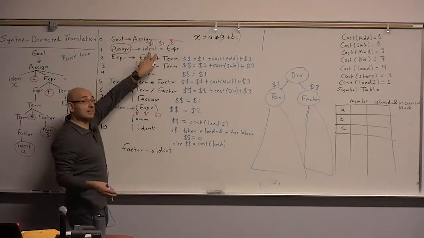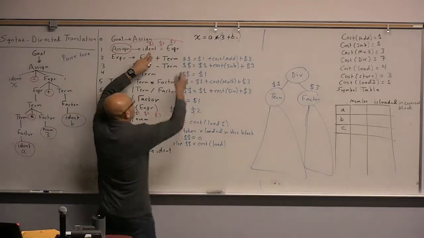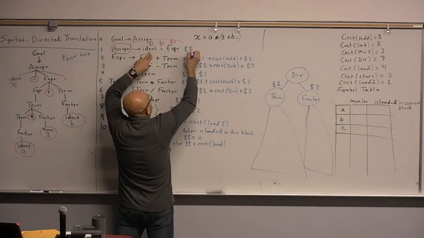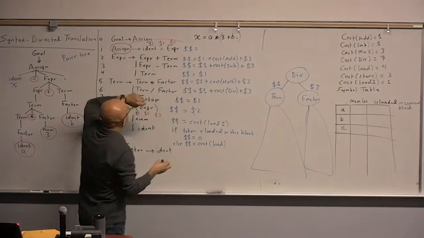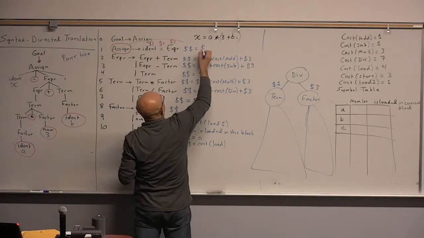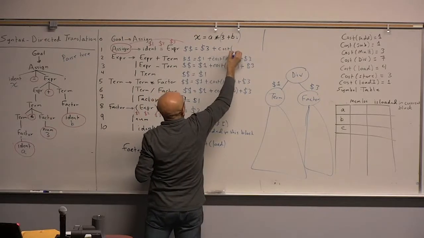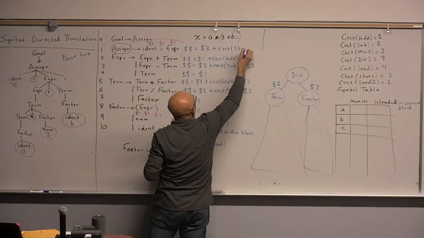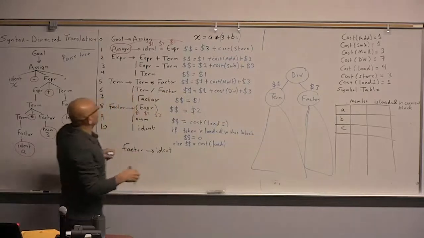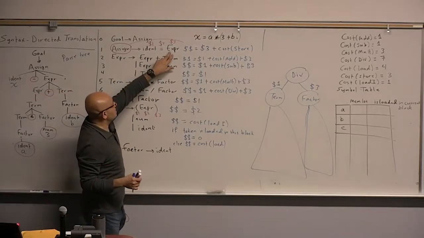This identifier is not something that we're going to load, right? So we will store it at a given address. So there is no loading here. So $$ is going to be the cost of expression, which is $3, plus the cost of store. The only thing that requires computation is the expression.